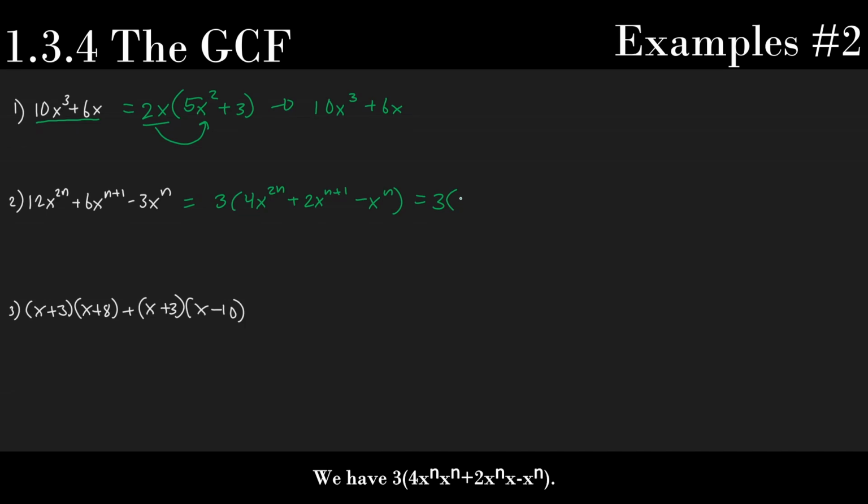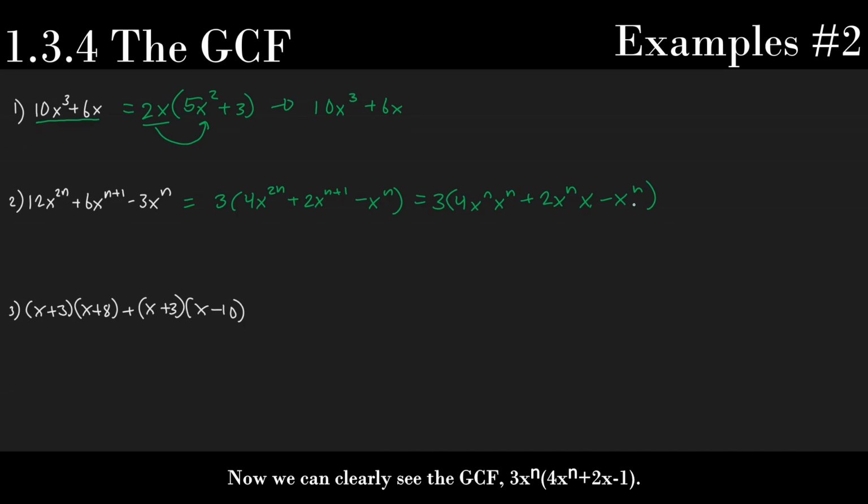We have 3 times 4x to the n times x to the n because we have 2 n's, plus 2x to the n times x because it's x to the n plus 1, minus x to the n. Now we can clearly see the GCF. 3x to the n times 4x to the n plus 2x minus 1.